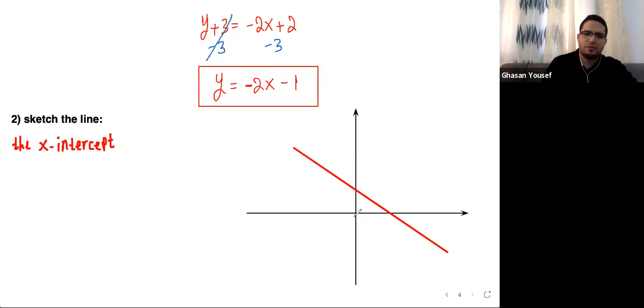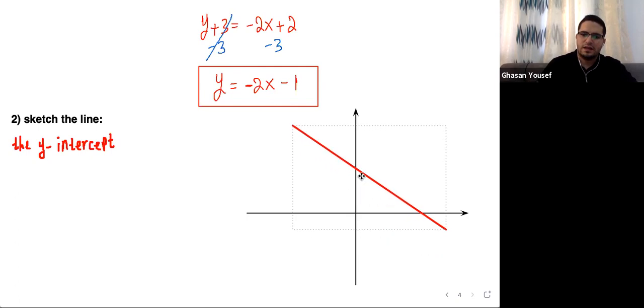But before we find the x-intercept, I prefer to find the y-intercept, then you find the x-intercept. So the y-intercept, where does this line intersect the y-axis? You're looking for the point. At which point? So to find the y-intercept, like last time, what should we do here?